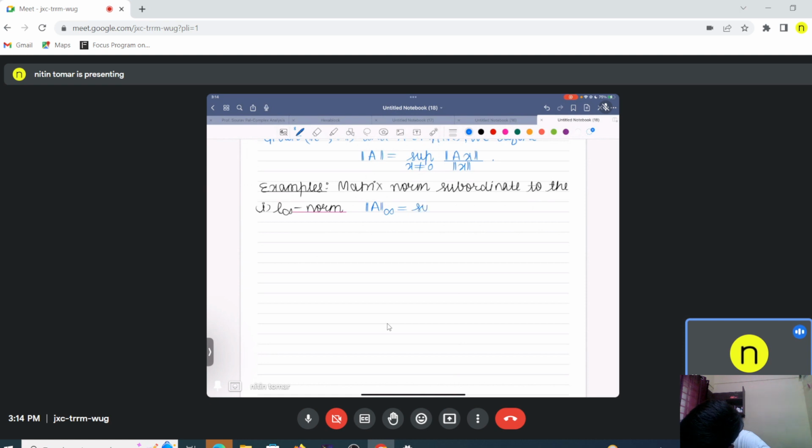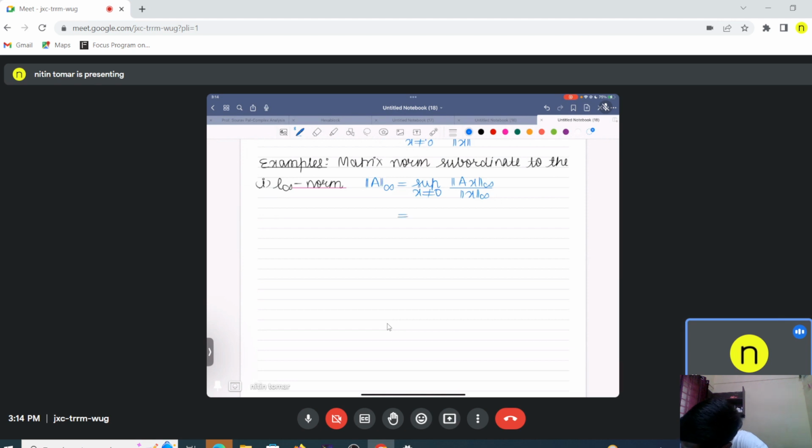And how will you define it? It will be because now we are choosing the infinity norm on Rn, and this we in fact proved will be precisely the maximum of the row sum. So you add one each row and you take the maximum of the sum.